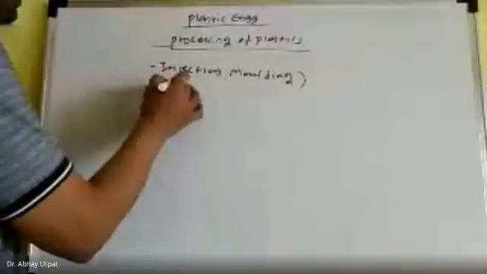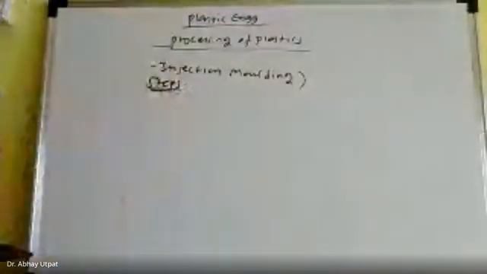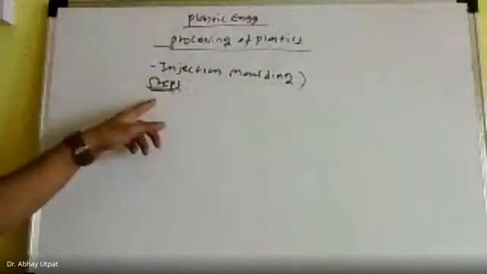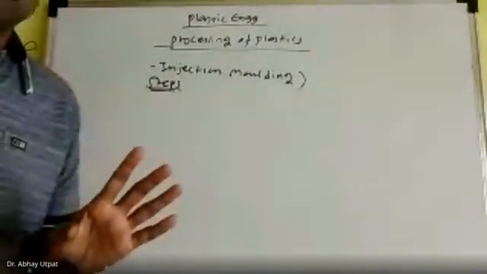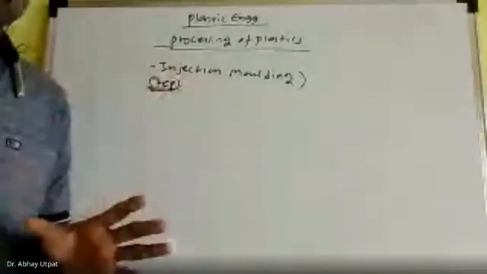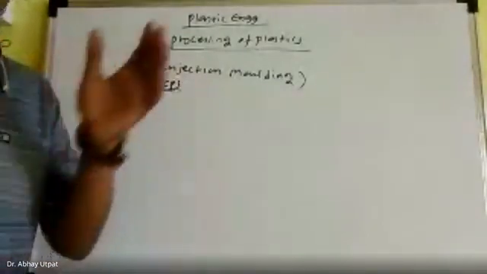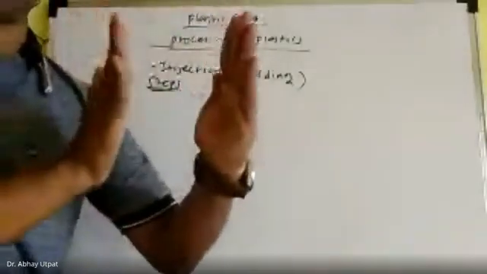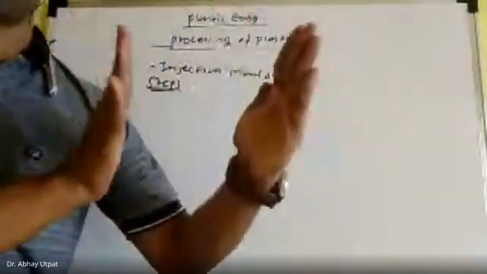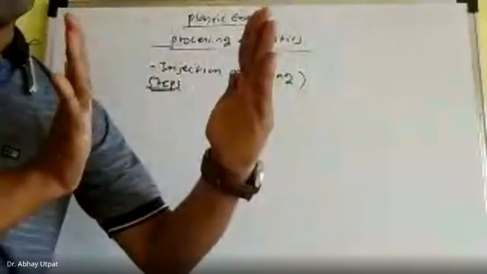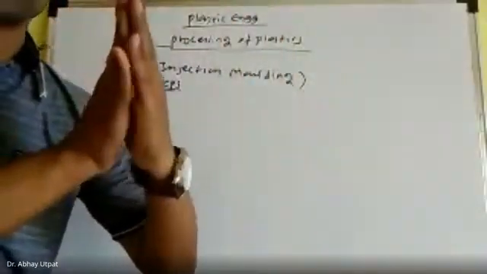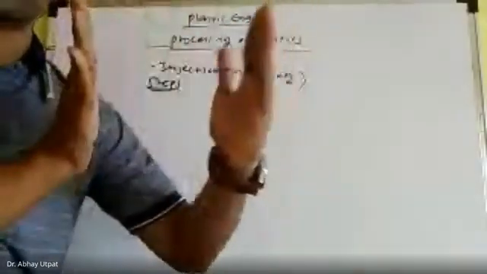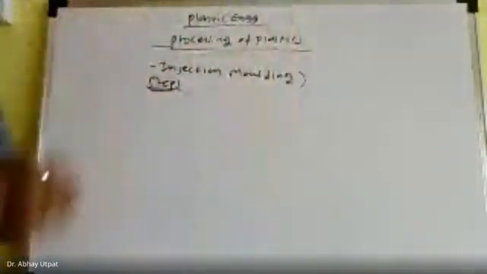The steps in injection molding include the clamping of two halves. Now, see my hands. This is one half, this is another half. These are called two halves. They close, they open. This is called a complete cycle.